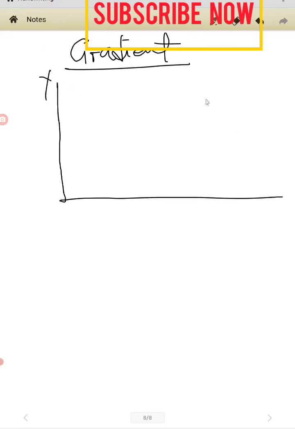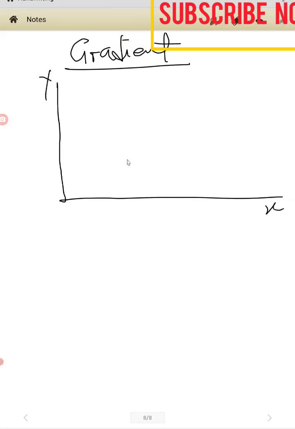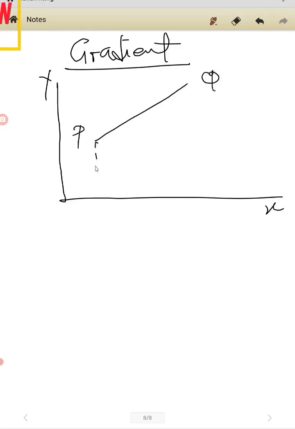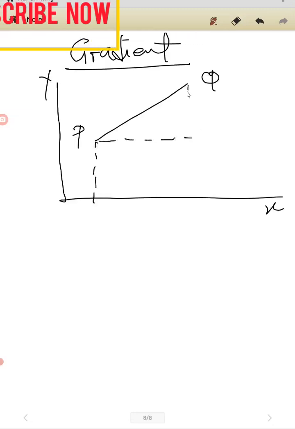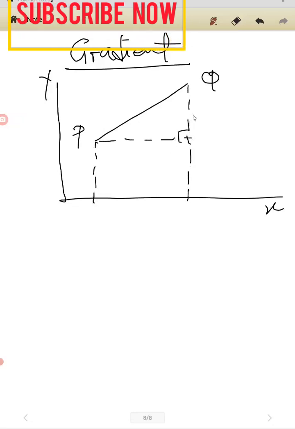This is the y-axis, x-axis. Just a little revision. As we did the last time, this is P, this is Q. It was shaded like this. Let's try to have a little dot. This is also a right angle.